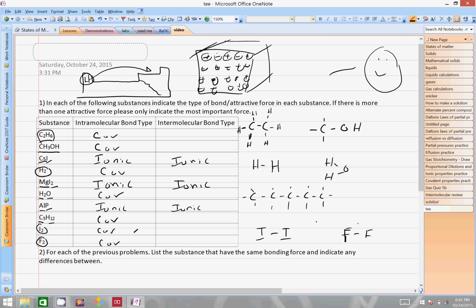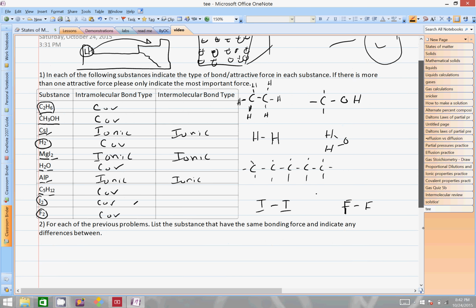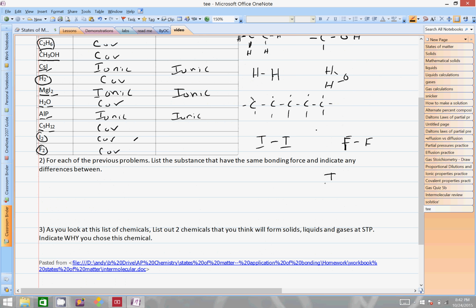We want to know if a particular substance has, our intermolecular types are going to be hydrogen bonding, dipole-dipole, and London dispersion forces. The first two require a highly electronegative atom: nitrogen, oxygen, and fluorine.